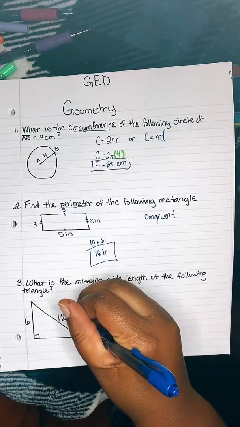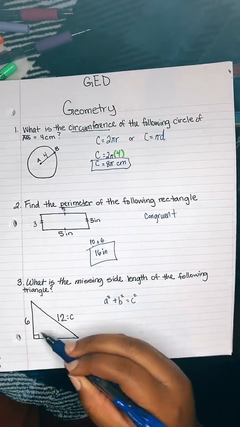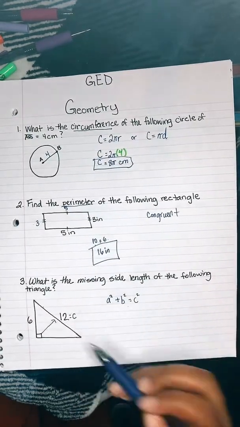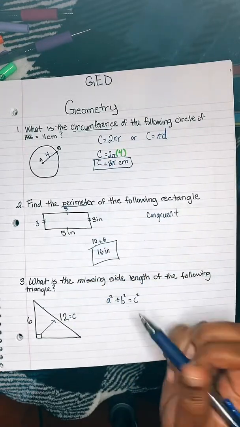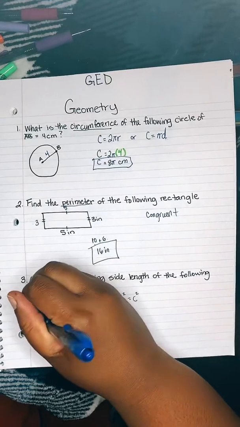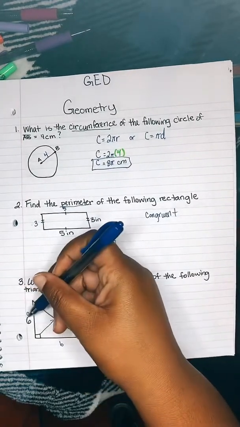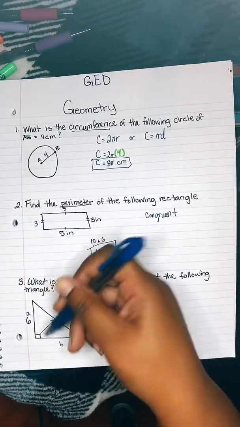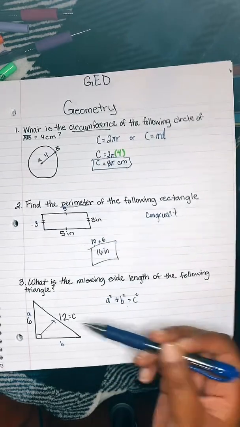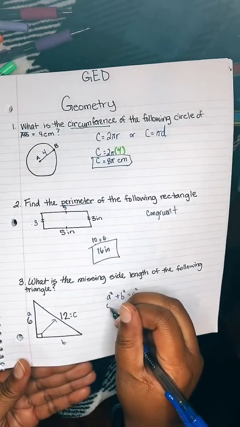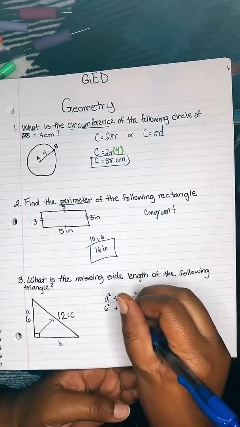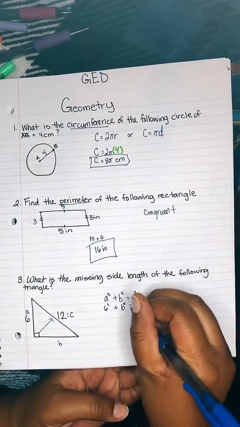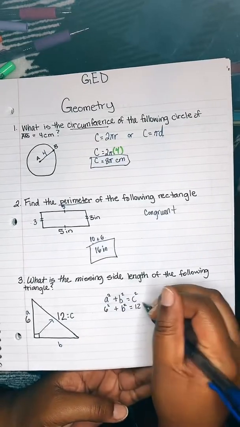Another way you can identify it is that it's opposite of the right angle. So this is 12, so we're going to put that as c. We can make this a and make this b. Again, a and b do not matter. What matters is the c. So I'm going to put 6 squared plus b squared equals 12 squared.